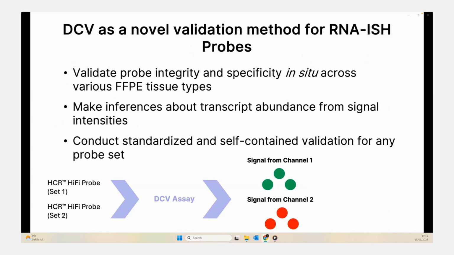And the degree of co-localization and correlation of signal intensities will allow us to validate probe specificity as well as make inferences about the transcript abundance. This validation method is standardized, meaning you follow the same procedure for every probe you want to validate. And it's self-contained because you are using the probe itself to conduct the validation.